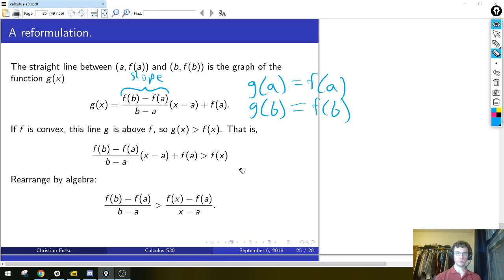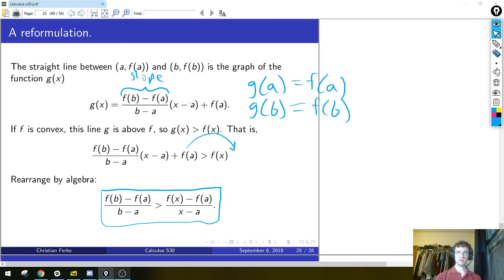The way that it's written here is a bit messy, so you can rearrange by algebra. The rearrangement is subtracting f of a from both sides, and then dividing by x minus a. So you subtract and then divide by x minus a. Now you get this. This is a nice, very symmetric equation, easier to work with.